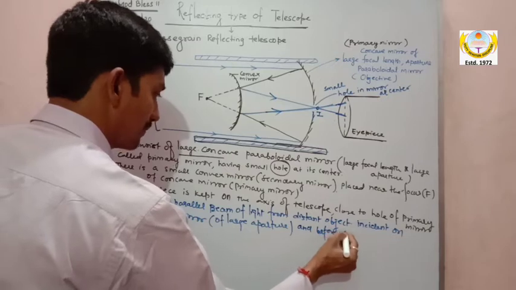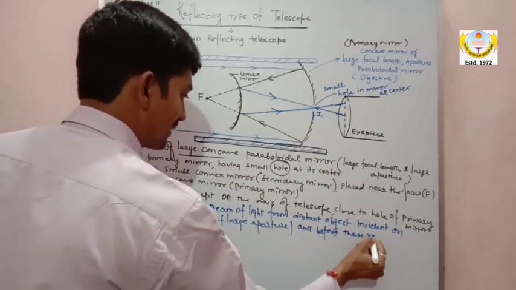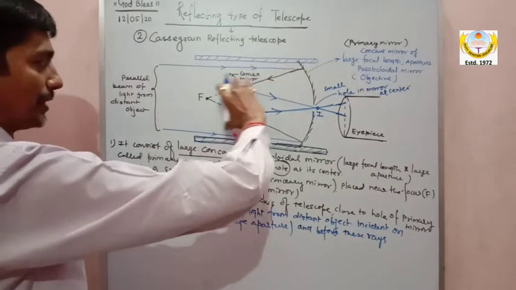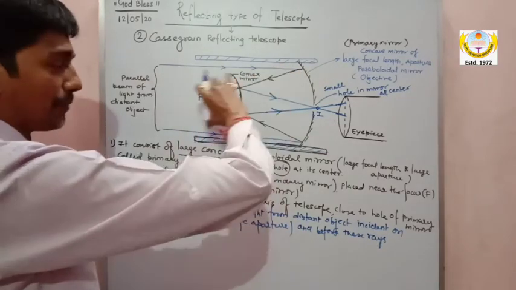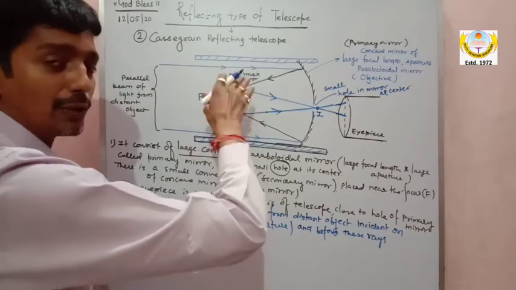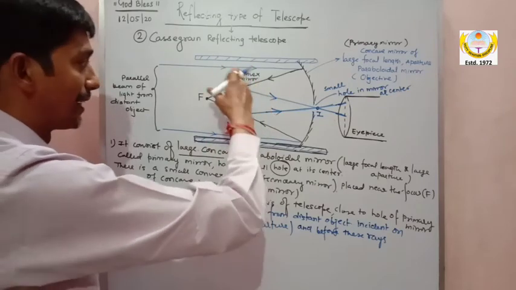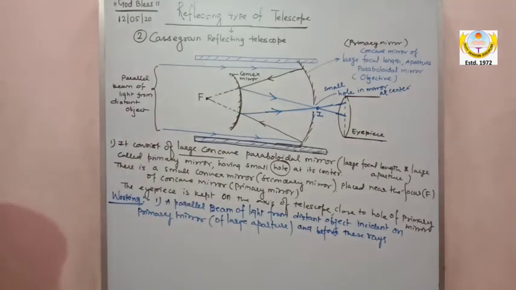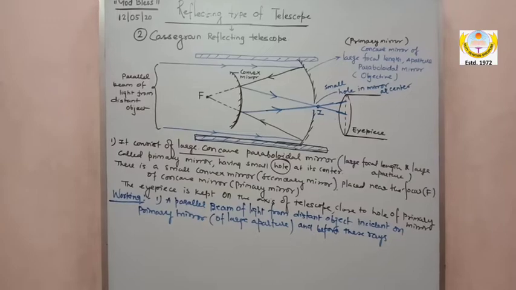And before these rays, you can see these rays are converging, like in the previous topic, they are also converging, but there was a plane mirror which intercepted the rays. Here there is a convex mirror which intercepts the rays, my dear. So before these rays are converged to the focus F, you can write that point.